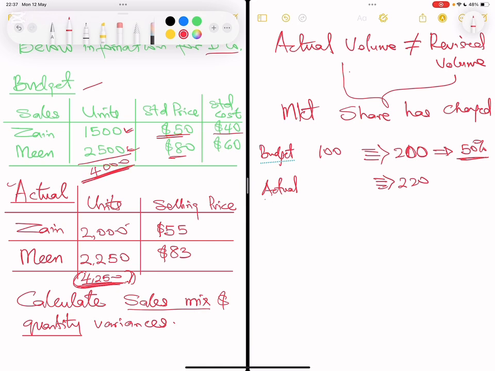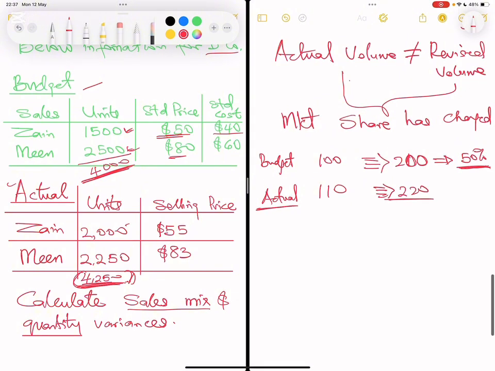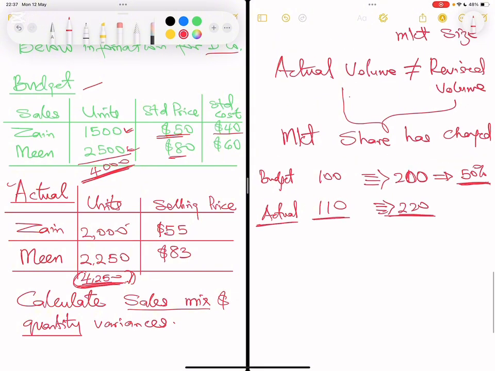Normally, what you expect our actual to be when the market has gone to 220, if we are going to maintain this market share of 50%, you expect it to be 110, because that's 50% of 220. So actual should be 110 in this type of market, because the revised budget based on this market size will be 50% of it, because when we did the budget, it was based on 50%.